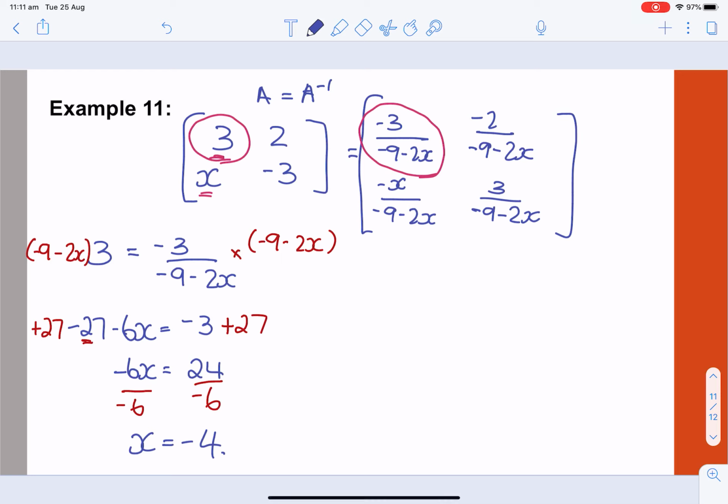So even though I had one very, very confusing looking matrix with the inverse, I managed to solve it with just using two elements in the same position. So my original matrix will then look like 3, 2, negative 4, negative 3. I'm not going to solve it, but that's what my x value is, and I've just substituted that back into A.